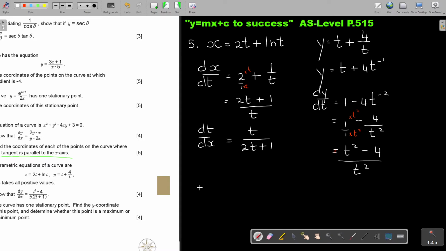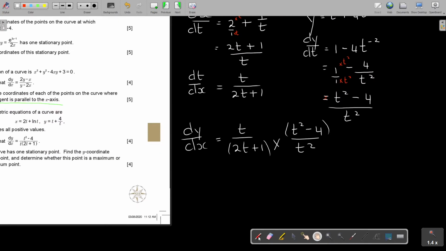Okay, so now I can say dy over dx, because the t's will cancel out, is going to be t over 2t plus 1 multiplied by t squared minus 4 over t squared.